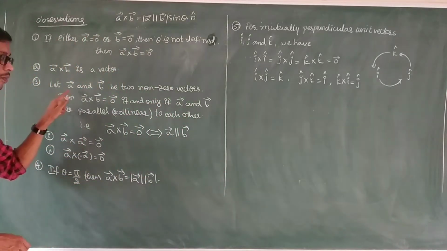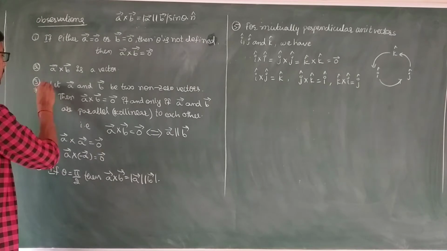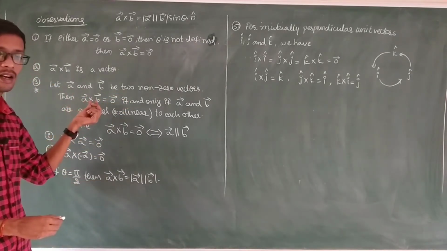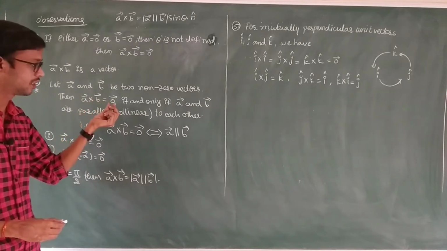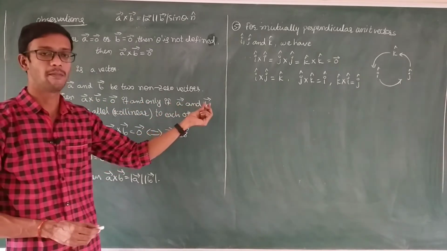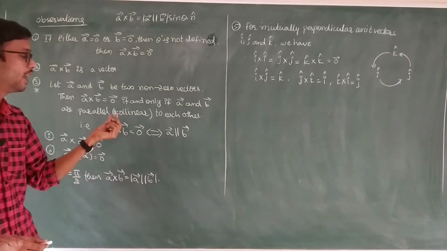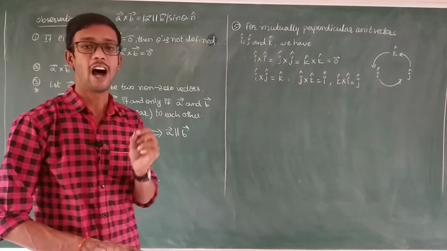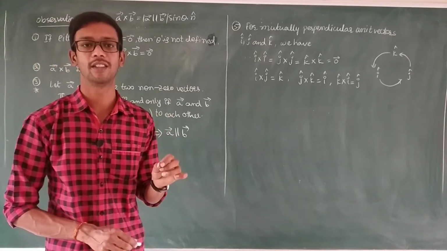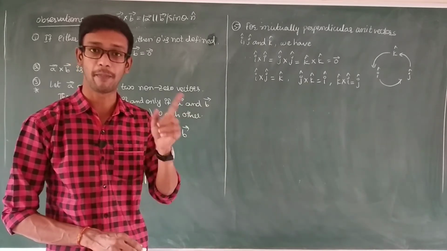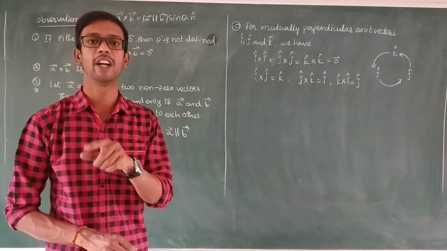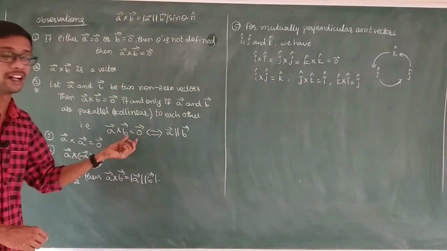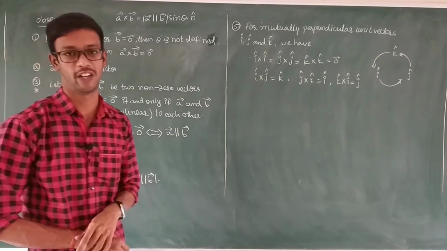Next, this is a very important point. A bar and B bar are two non-zero vectors. Then A bar cross B bar is equal to 0 vector if and only if A bar and B bar are parallel or collinear to each other. Already we discussed that if the dot product is 0, then the two vectors are perpendicular. If the cross product is 0, then the two vectors are parallel or collinear.